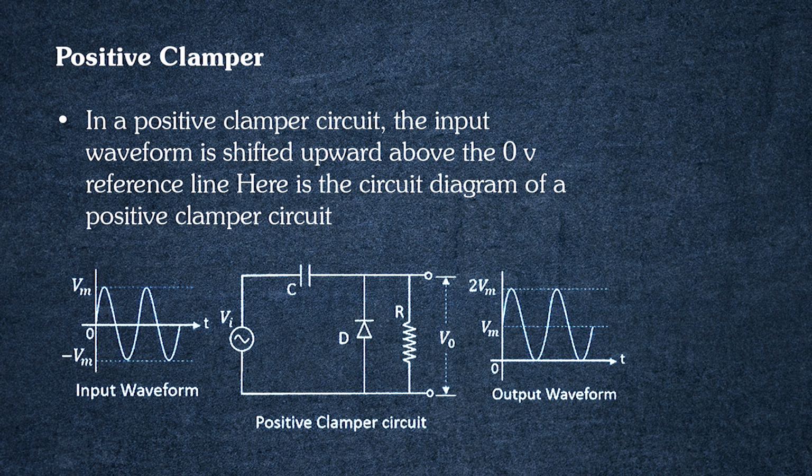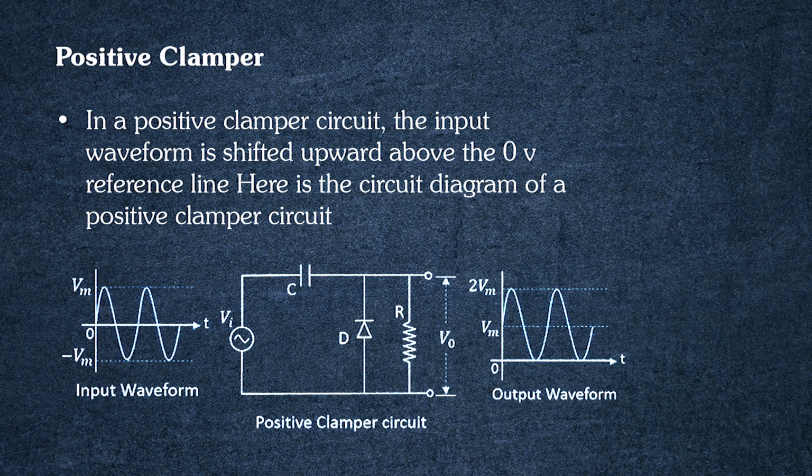When it is passed through a positive clamper circuit, the output waveform is shifted upwards, above the 0 voltage line. Now the maximum amplitude in the positive half is 2 Vm, whereas we will not get any output below the 0 voltage reference line. In this way the positive clamper works.